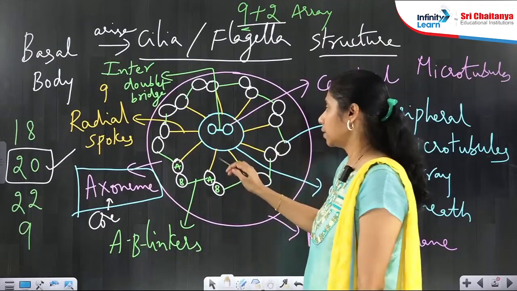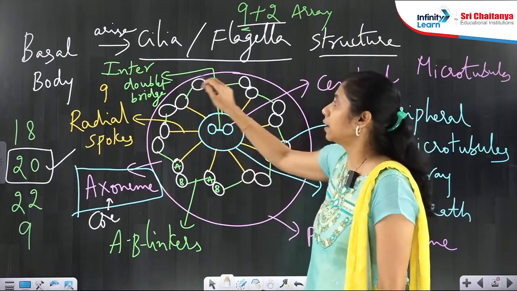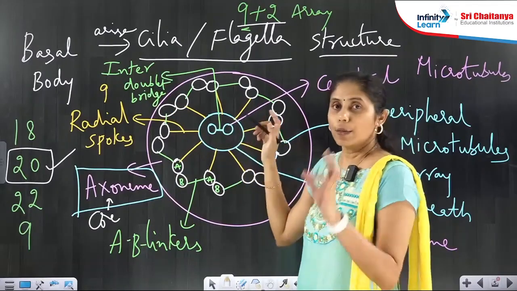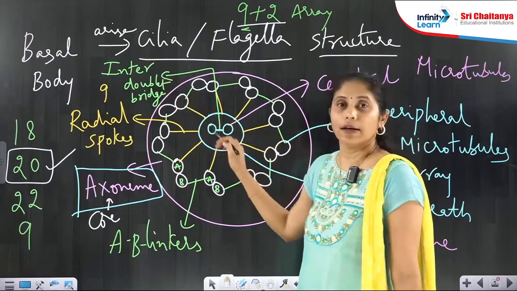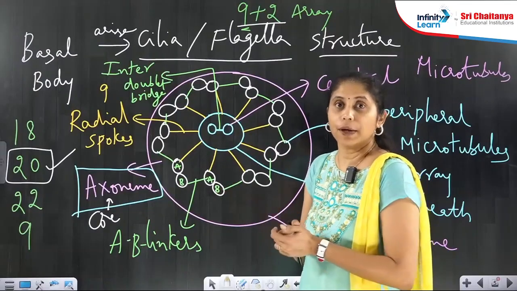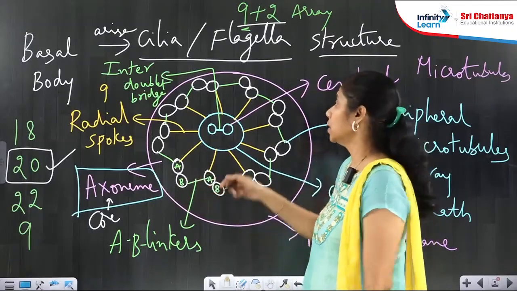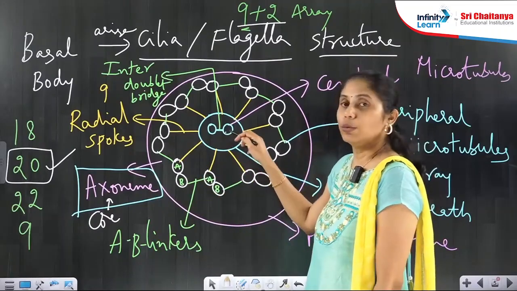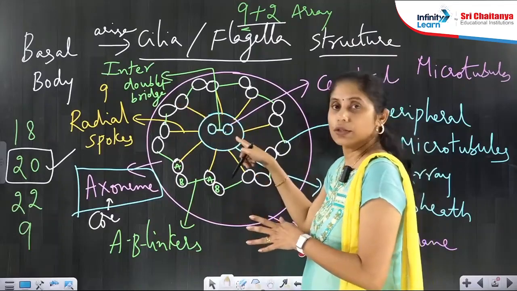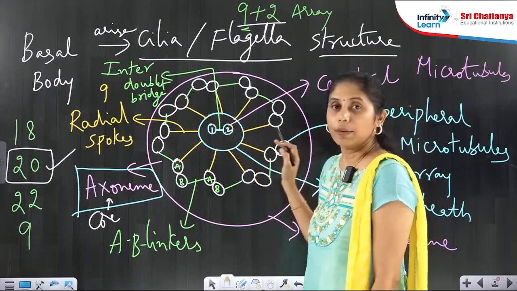So we have the radial spokes, AB linkers, the central sheath. This is the interdoublet bridge, because the doublets are connected by the interdoublet bridge. Inter means in between. So between doublet 1 and doublet 2, the bridge is there, so it is called the interdoublet bridge.